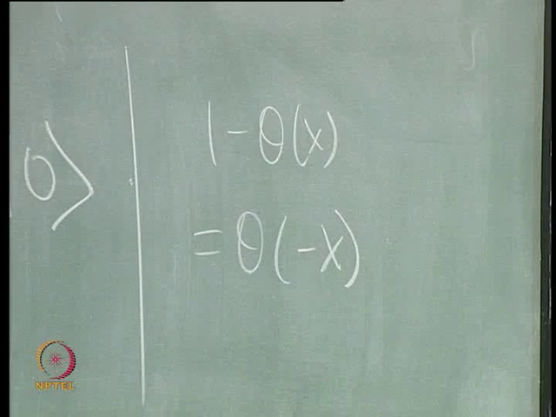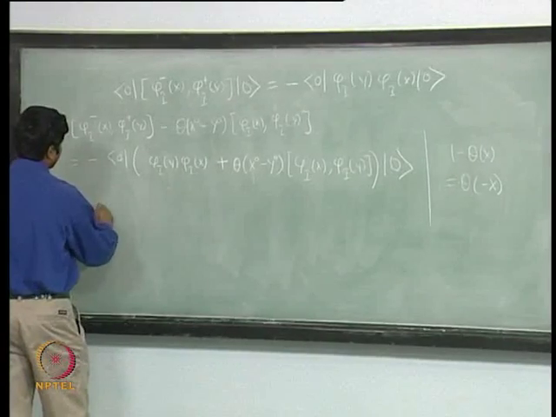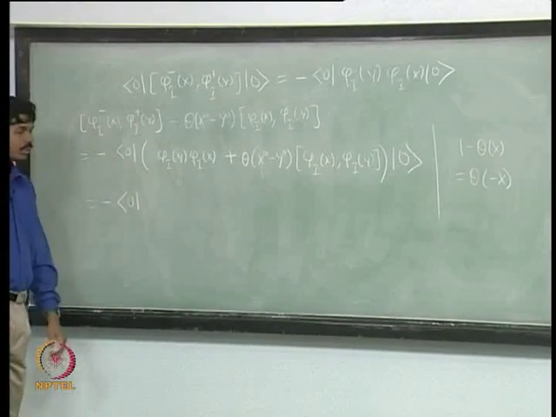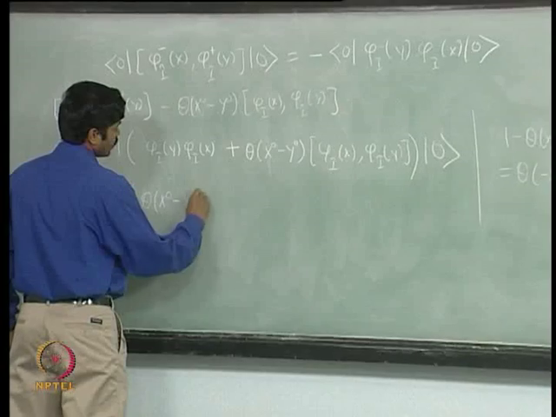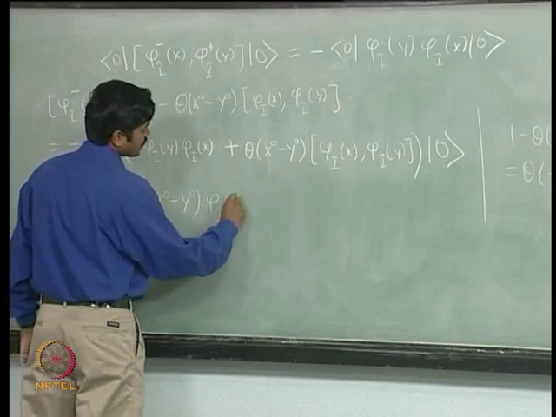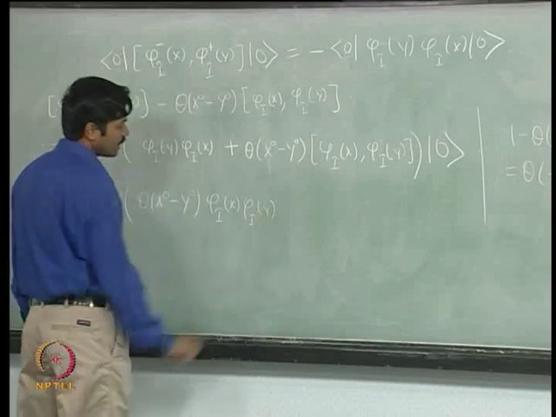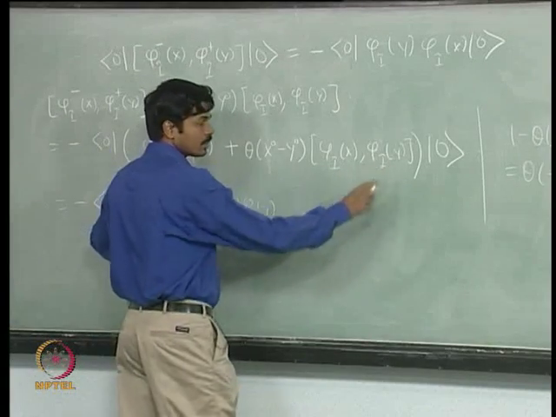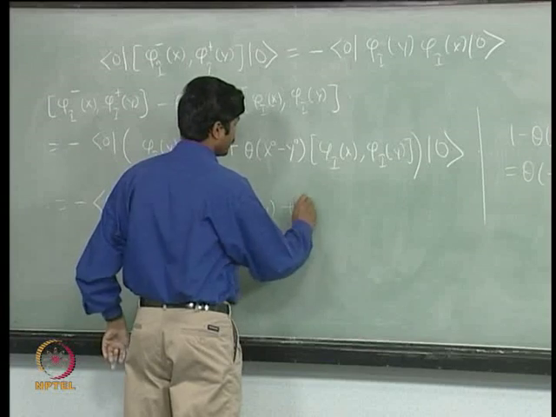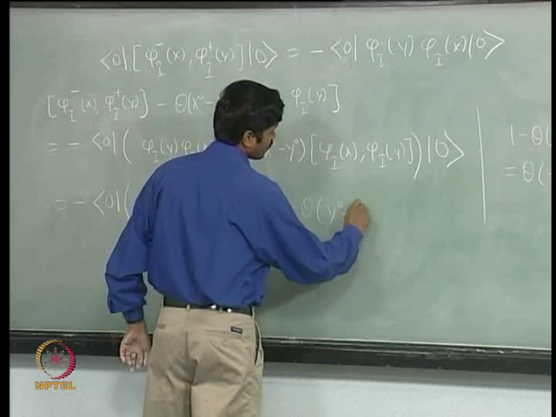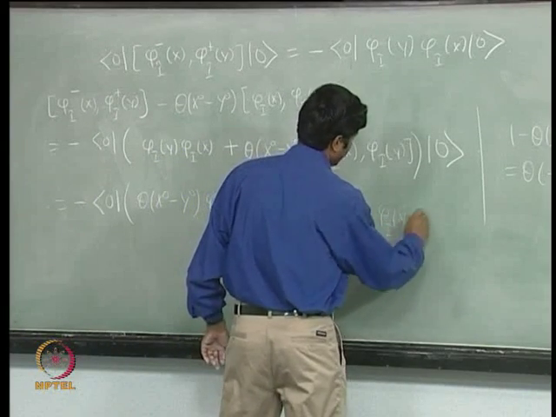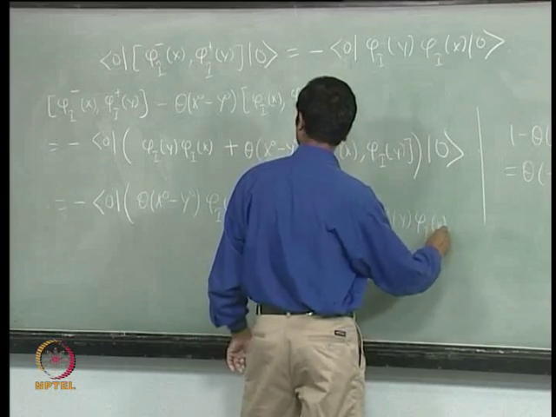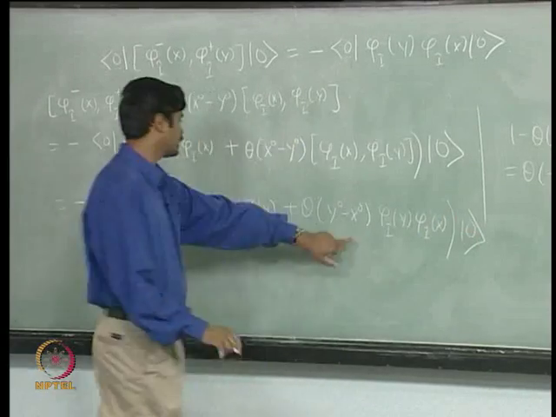So, you can use this relation, and then what you get is minus vacuum expectation value of the first term here theta x 0 minus y 0 phi I x phi I y, and this combined with the second term coming from here will give me theta of y 0 minus x 0 phi I y phi I x. But what is this?